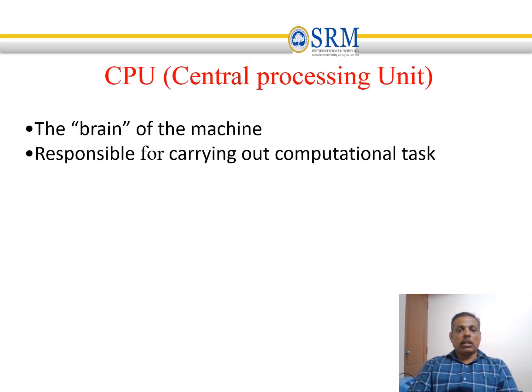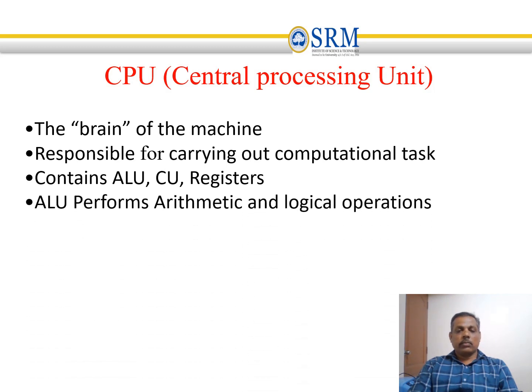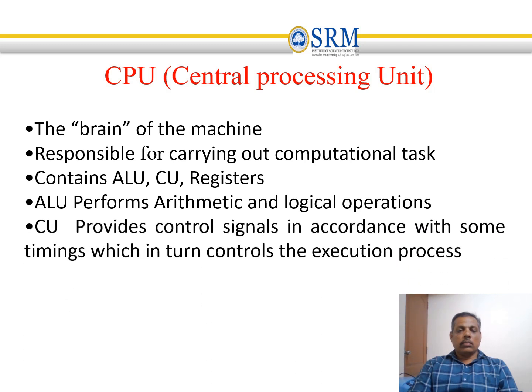Here the CPU is the brain of a computer and it is used to carry out all the computational tasks. Mainly the CPU contains the arithmetic and logic unit, control unit and registers. The ALU is otherwise called the functional unit and CU is the control unit.